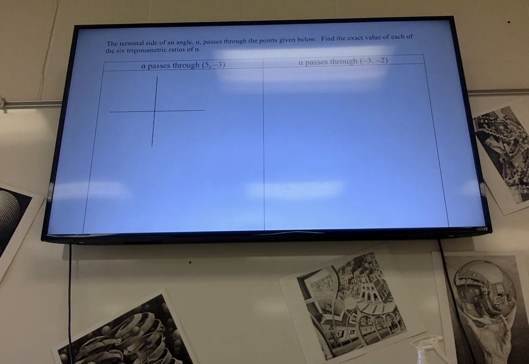So it goes through the point 5, -3. Right here.